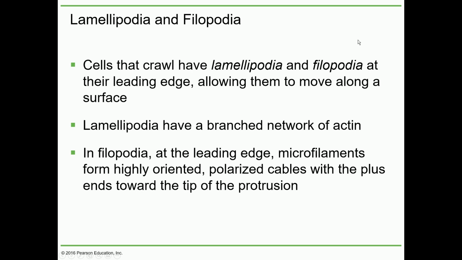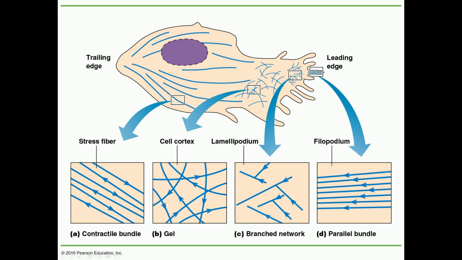Lamellipodia and filopodia are projections that help in the movement of the cell. Cells that crawl have lamellipodia and filopodia at the leading edge, allowing them to move along the surface. Lamellipodia have a branched network of actin.